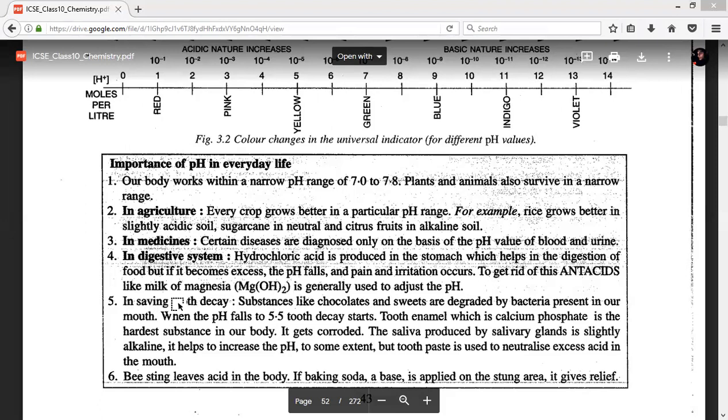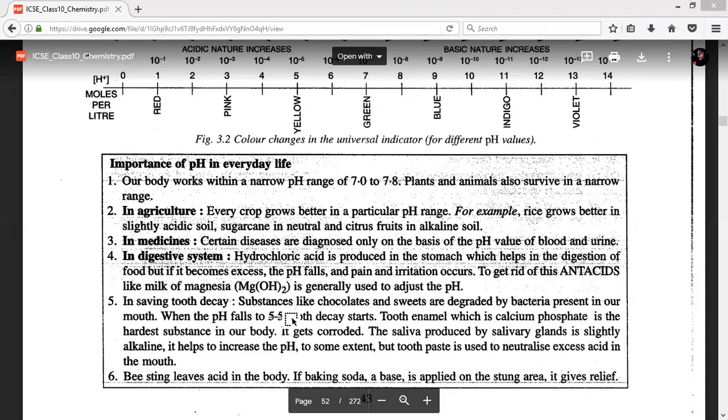Next concept is tooth decay. Normally cavities are there, and tooth decay starts due to chocolates or sweets or some bacteria. What is the basic pH to maintain? If the pH of your mouth is up to 5.5, then no decay will be there.